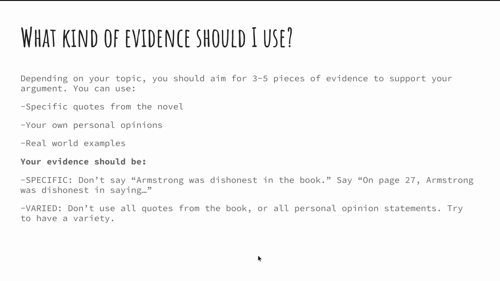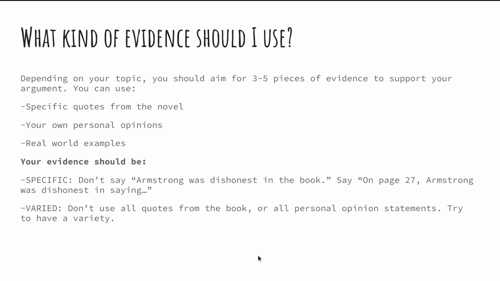When I'm looking at the evidence I use, I want to make sure that the evidence I use is specific. So I don't want to make general statements like Armstrong was suspicious in the book or Armstrong was dishonest in the book without having some sort of evidence to back it up. I know you're probably saying to yourself, yeah, but he was dishonest in the book. And that's fine, but you need to assume the reader of your essay doesn't know that. Okay?